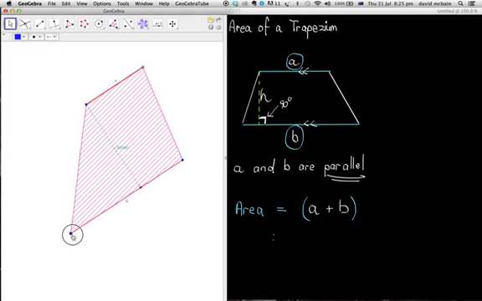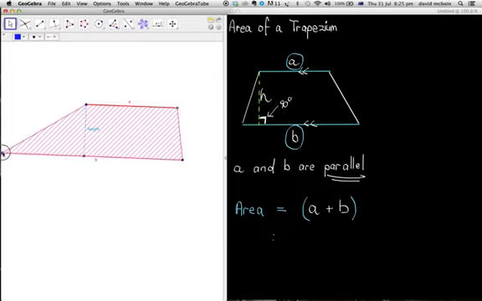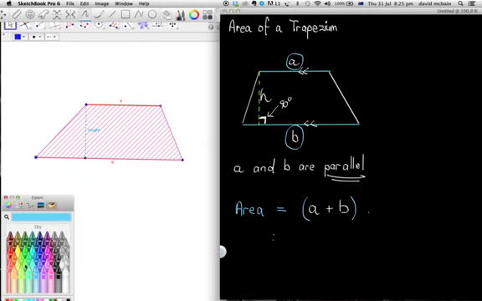So, for example, if that was our trapezium, there's our perpendicular height there. We'll come back to this in a sec. So the area is A plus B times the height, and then finally we divide all of that by 2.